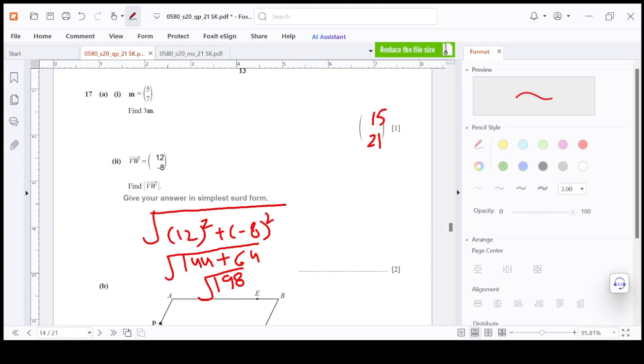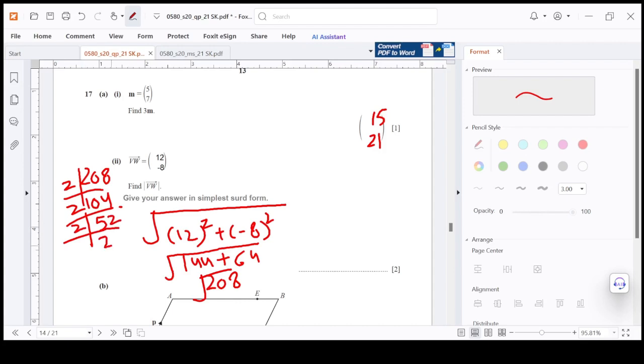Okay, I think I've messed up somewhere. It's not 198. It's 208. Okay, now let's do prime factorization of 208. We get 2, 104, 2, 52, 2, 26, 2, 13, and then 13, 1.